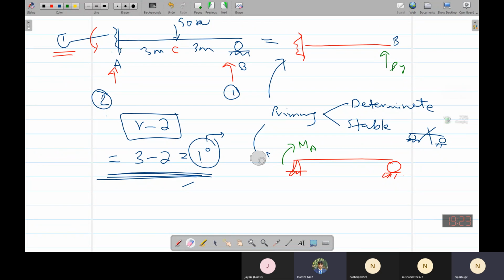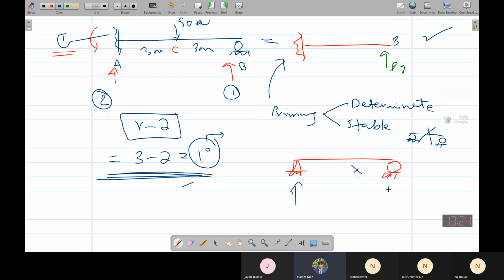It is our own choice how we are going to resolve this. We can either create a fixed support and a cantilever beam, or a roller support as in a simply supported beam. It is our own choice, but I would suggest that you go with the first one, the cantilever, because writing equations for this support is much easier than for this one.